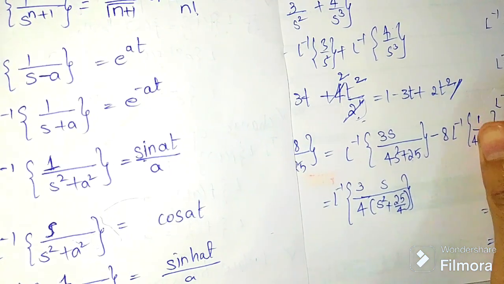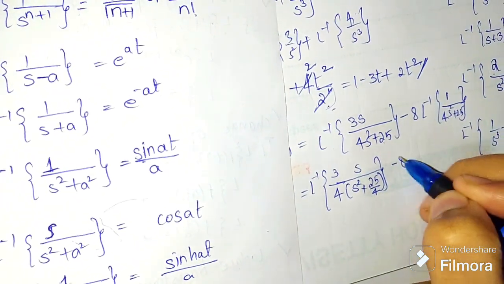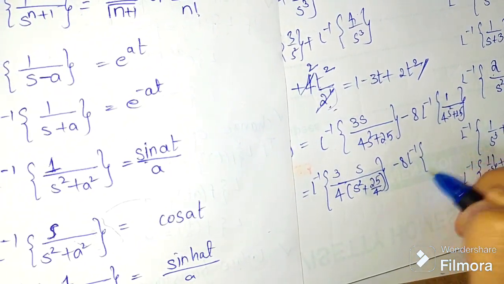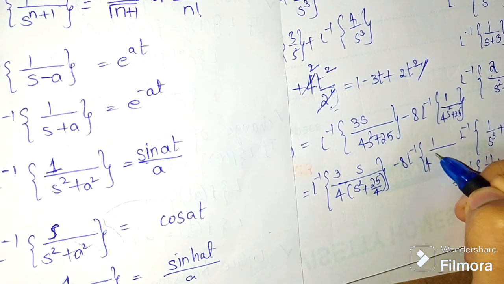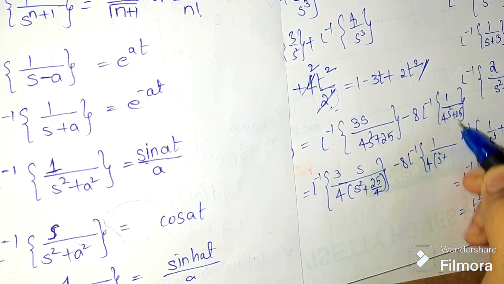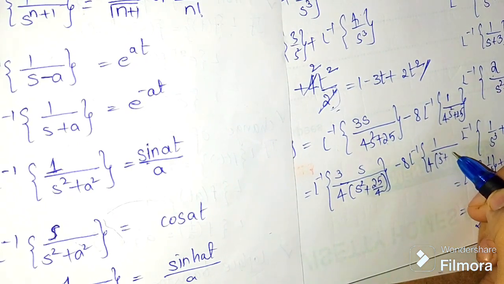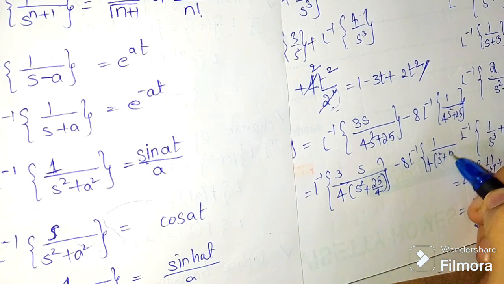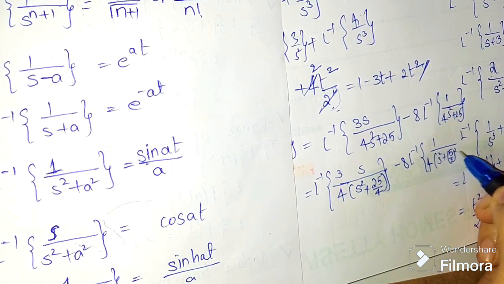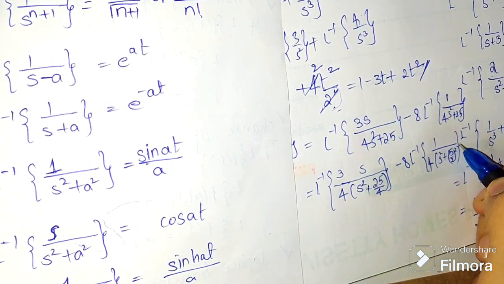Here also minus 8, Laplace inverse of 1 by 4 common, s square plus 25 by 4, or I can write 5 by 2 whole square, right? Here also the same. Did you understand?